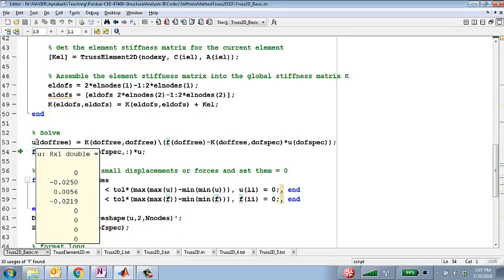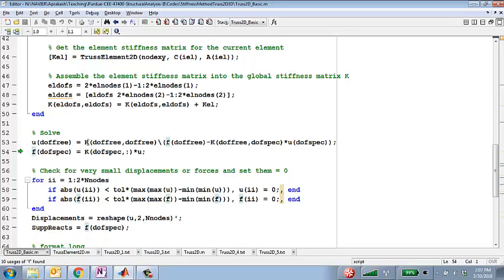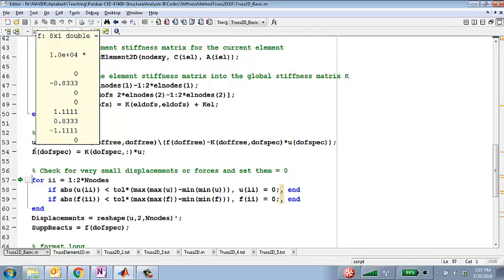We get x and y for node 1, x and y for node 2, and x and y for node 3 and 4 are zeros. And this next line calculates the support reactions. Those support reactions are also exactly the other degrees of freedom.